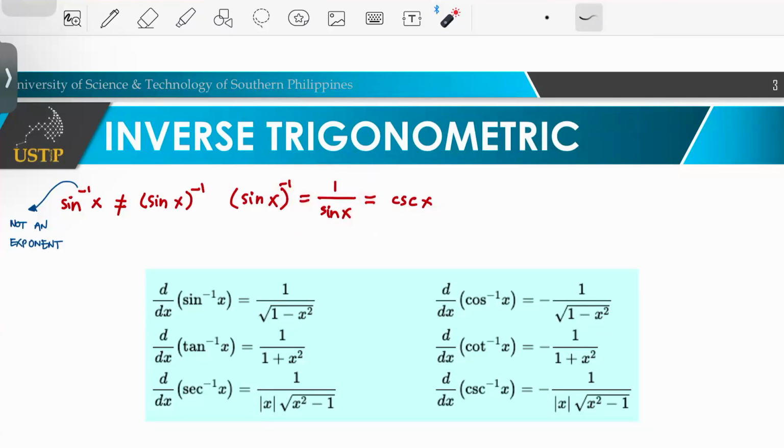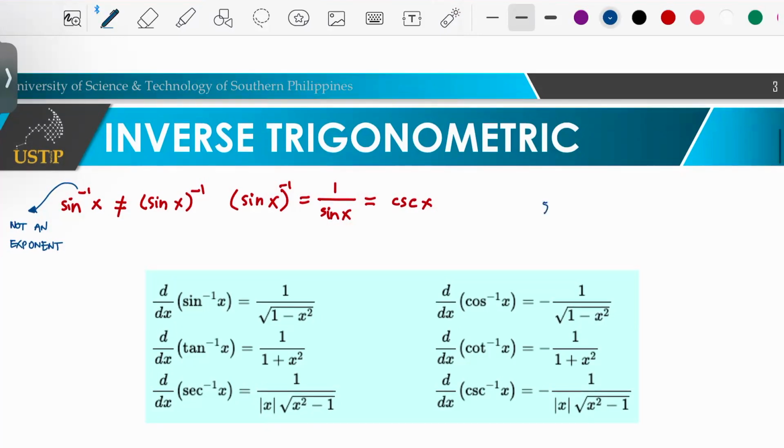But they are not equal, because when we want to get the inverse sine, we are getting the angle. For example, inverse sine of 0. Meaning, what angle has a sine, or y coordinate, of 0? Go to the unit circle.